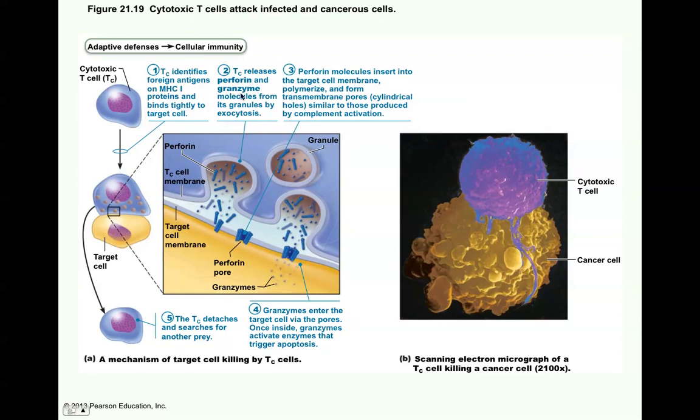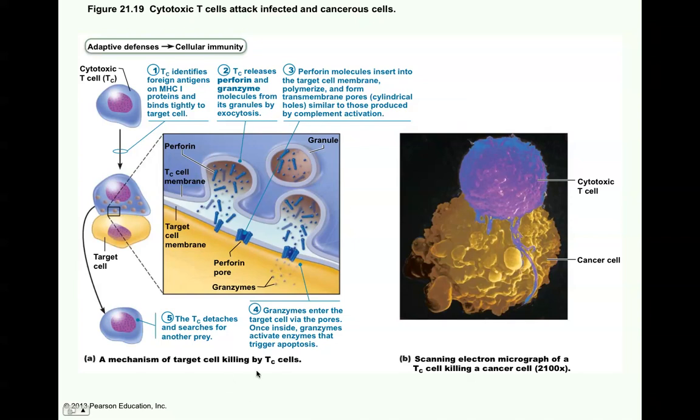Perforin is a substance that perforates, literally pokes holes in the cell, and then granzyme molecules. And this will actually break down and destroy that cell. The perforin molecules insert into the target cell membrane, polymerize, and form transmembrane pores. They actually make holes, similar to those produced by complement activation.